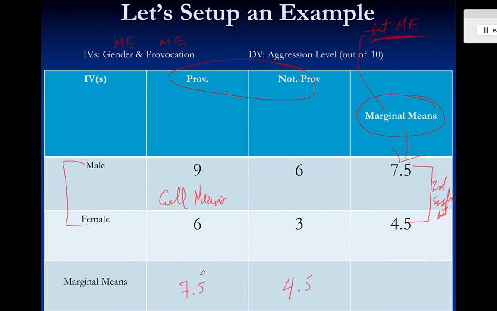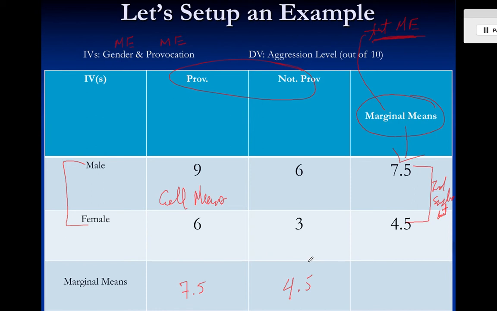So now I have the marginal means for provocation and non-provocation. In other words, when people are provoked as a whole, independent of whether they are male or female, their average in terms of aggression is about a 7.5. When people are not provoked, it doesn't matter if they're male or female, their average aggression score is a 4.5.